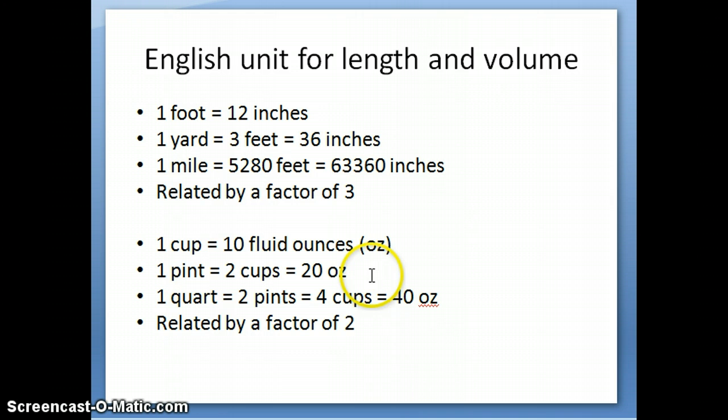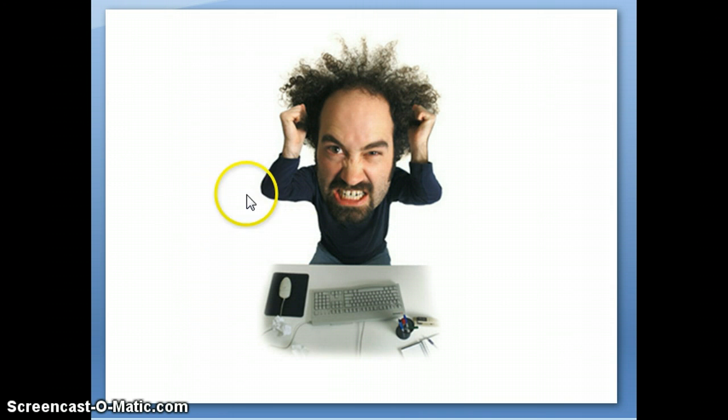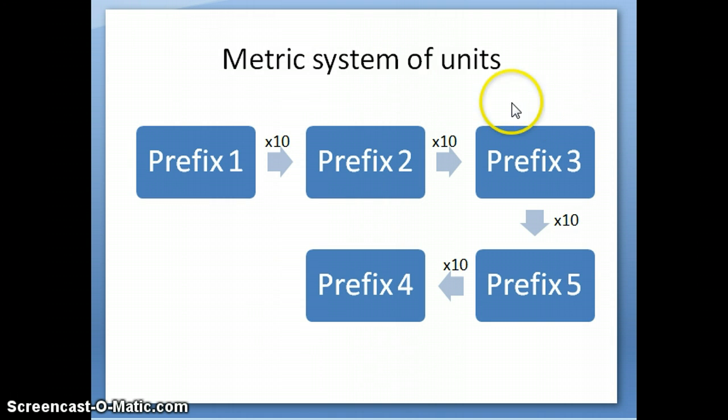In another property, volume, all the units are related by a factor of 2. This would drive anybody crazy if you have to learn all these different units and how they're related to each other. It would be a lot more convenient if one unit and another is related by the same number, and regardless of the quantity, they're always related by this number.